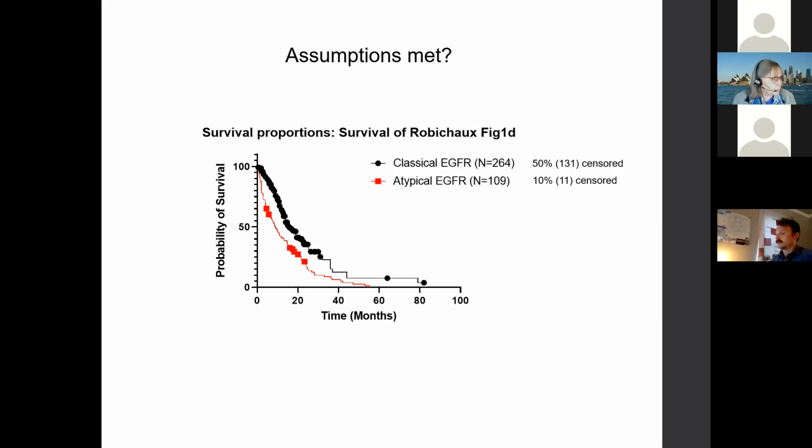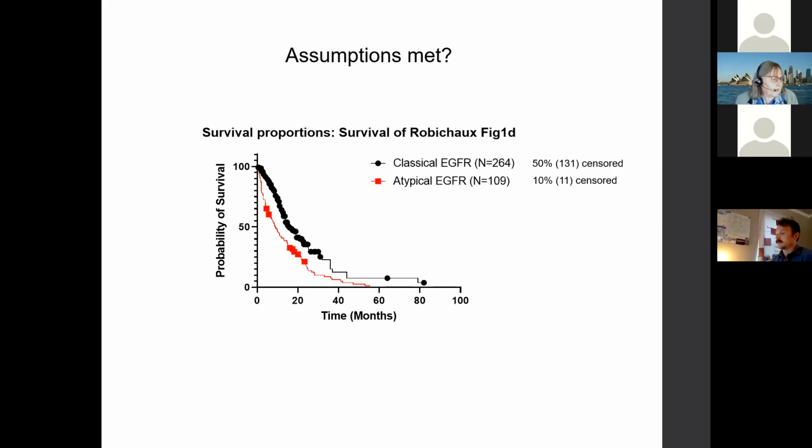But I'm a little bit worried about the censoring between the two groups. One looks like a pretty constant and random pattern over most of the early part where most of the sample size is. As we get into smaller samples, it gets a little bit less certain, but I'm not that worried about that. But with the atypical curve, we see that it's not random, and it tends to be clumped.